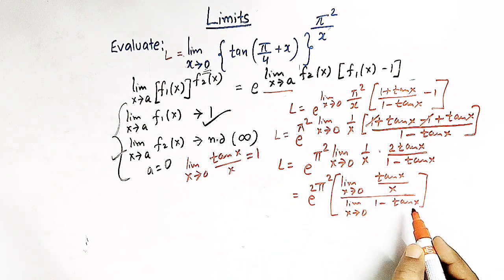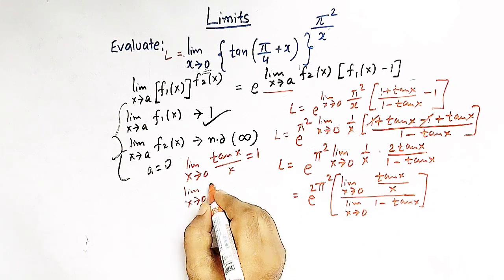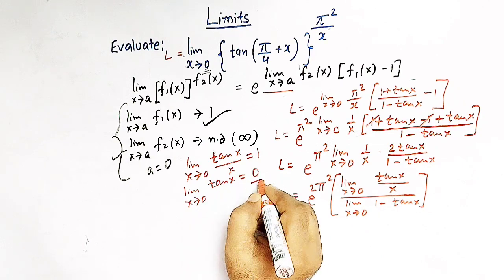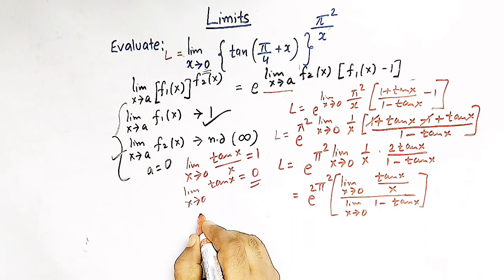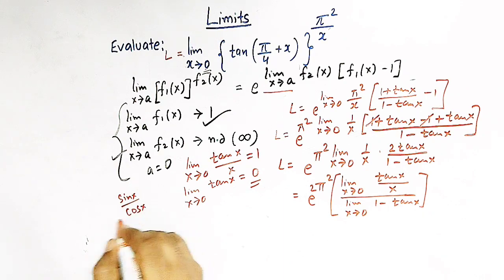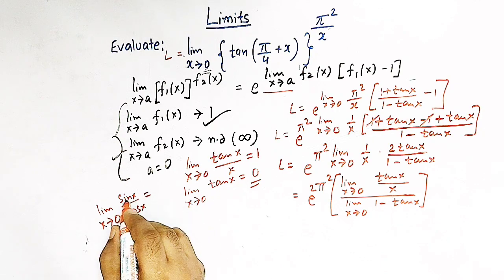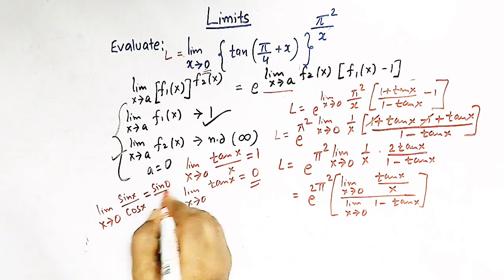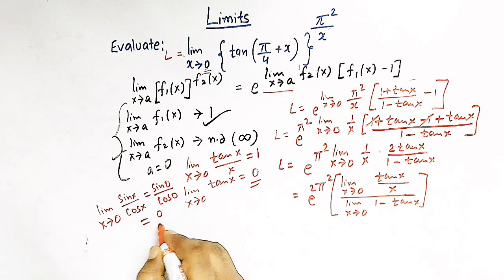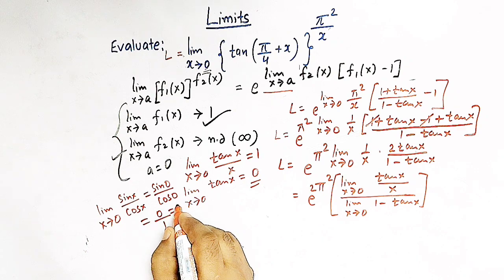So here we have 1, and limit x tends to 0 of tan x is equal to 0, because tan x can be written as sin x over cos x, and when we find limit x tends to 0, then here we have sine 0, and here we have cosine of 0. So sine 0 is 0, and cos 0 is 1, so this is 0.